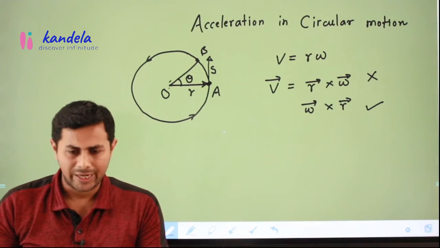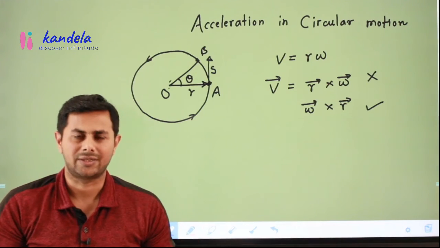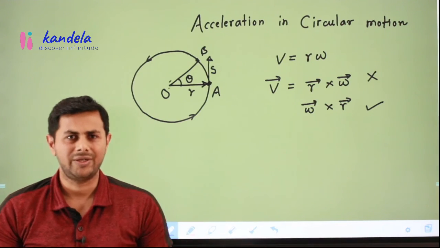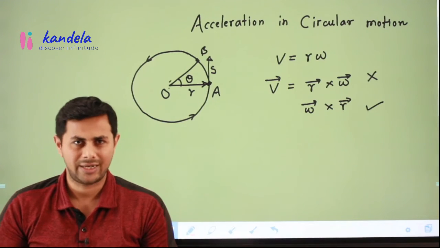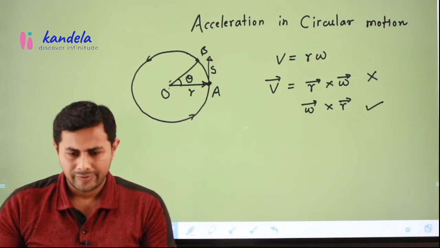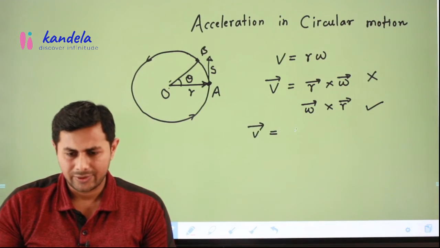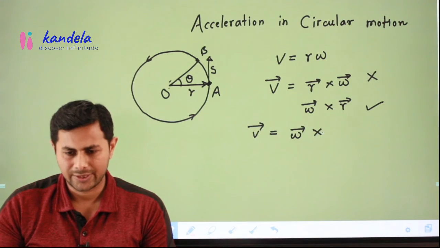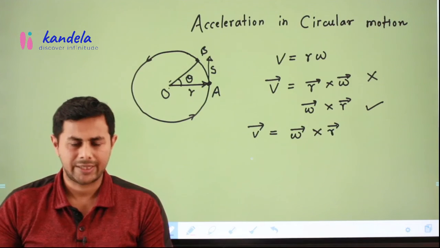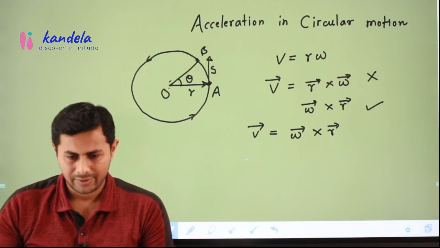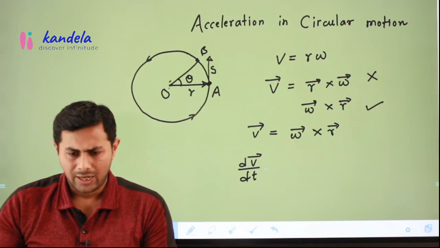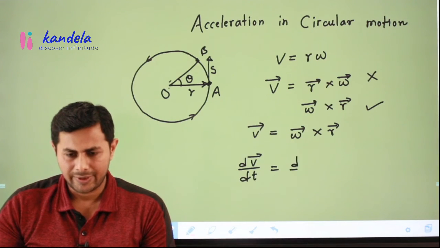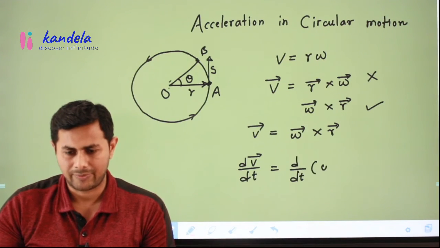So let's begin with this. How do we find acceleration given velocity? Suppose I want to find the instantaneous acceleration. I take the derivative, right? So v bar is equal to omega bar cross r bar, and I will take the derivative. On the left hand side it is dv bar by dt, and on the right hand side I have d by dt of omega bar cross r bar.